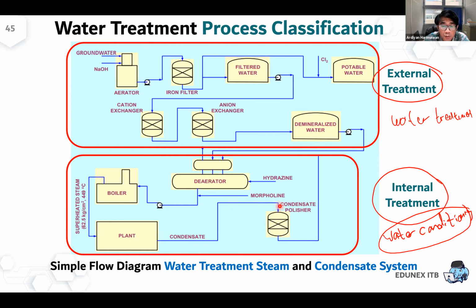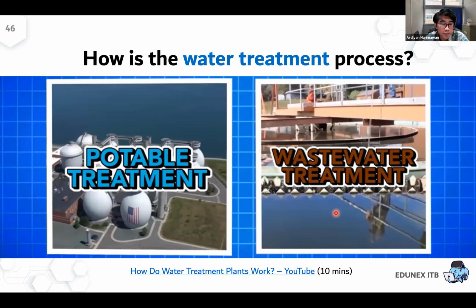It cleans up some residue that may be carried over by the condensate, and then goes again to the aerator and is used in the boiler. So it's like a recycle for the boiler. This is one example of internal treatment.